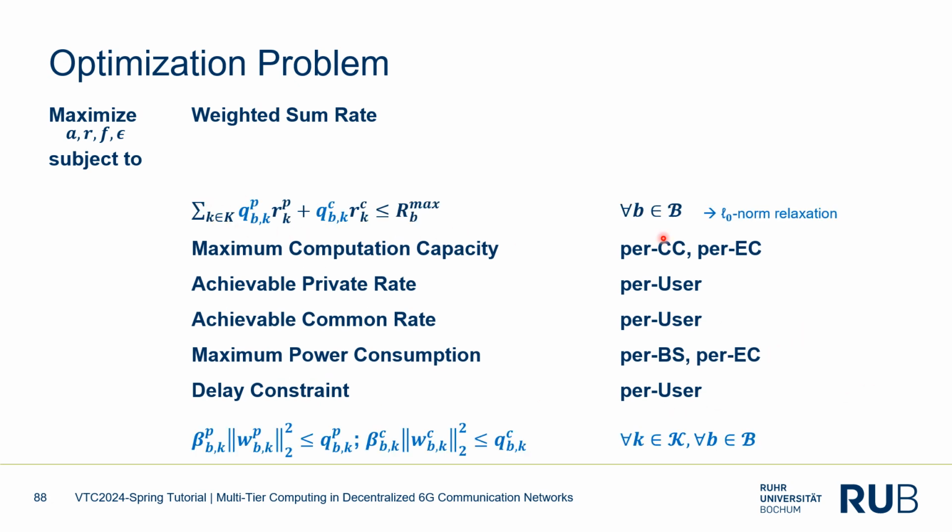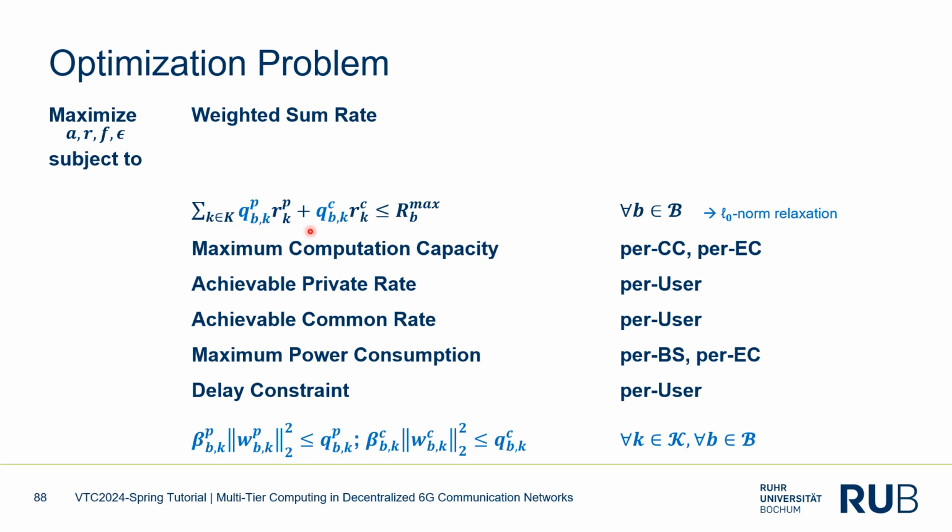Now, what we see is different from previous problems. We have the fronthaul constraint, which looks a bit different now. This is the already L0 norm relaxed formulation. We have a sum over all users. This is the private rate of user k, and this is the common rate of user k.